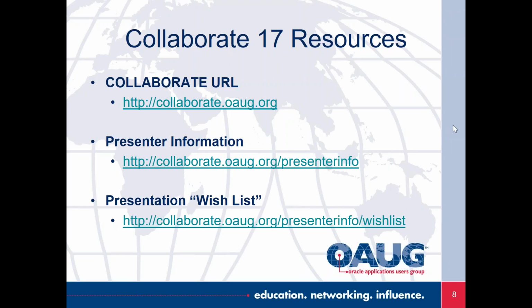You can specifically find presenter information at the second URL. And the wish list that a couple of the panelists referred to, you can also find on the Collaborate website. It's a PDF. And if you start at collaborate.oaug.org, you can navigate to all of this and more.